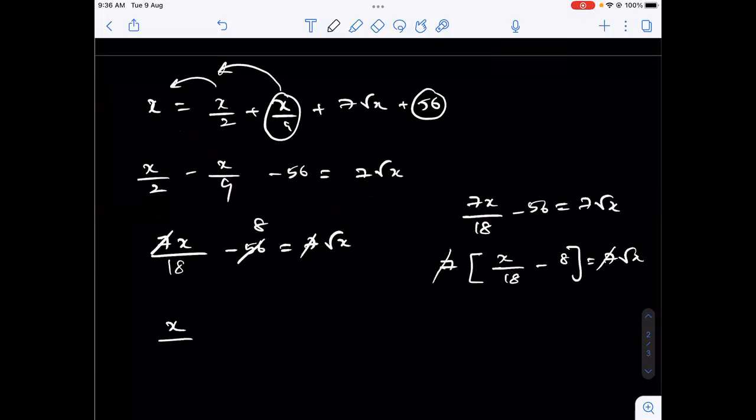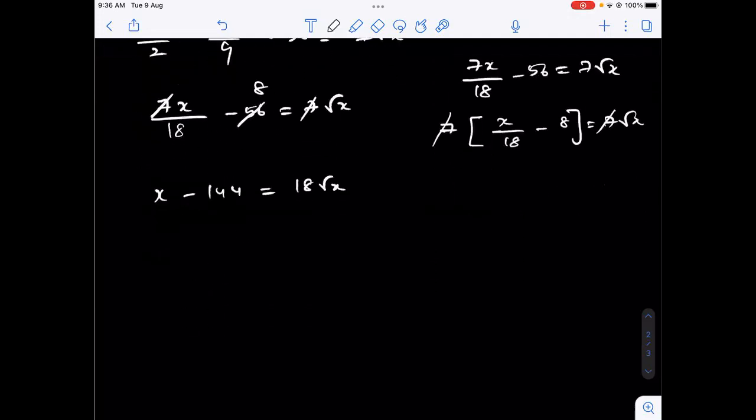Okay. So x divided by 18 means it becomes x minus 18 into 8, which is 144, is equal to 18 root x.